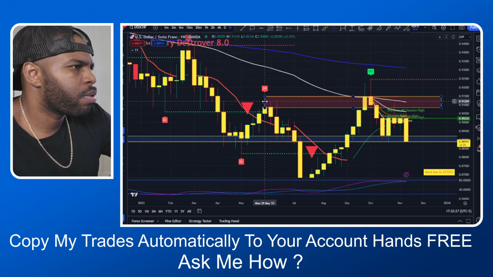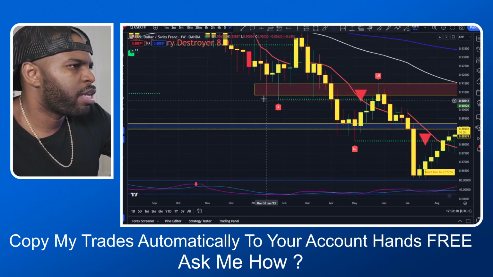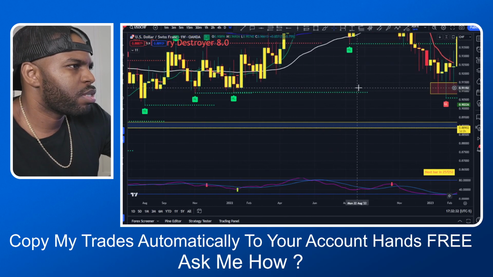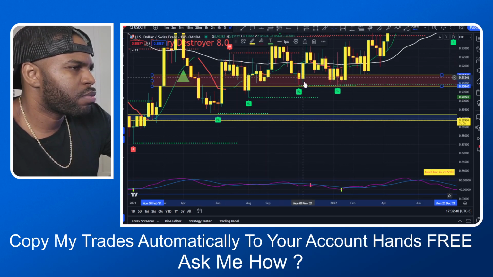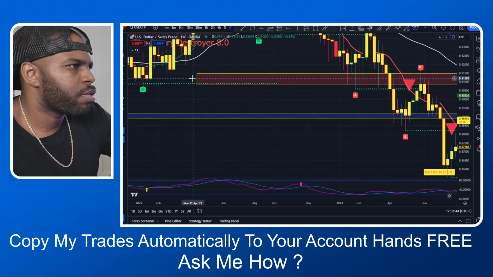This is a random zone. I'm just trying to see if price is respecting this level. There's a lot of respect for this level here. Look at this. Rejection, rejection, support, support, support. Let's bring it over here.